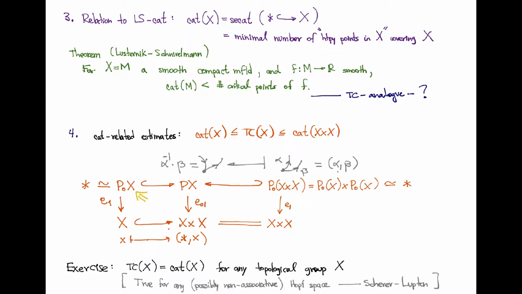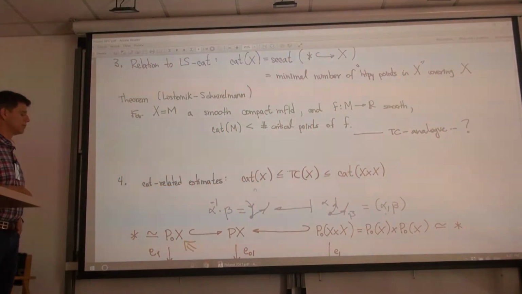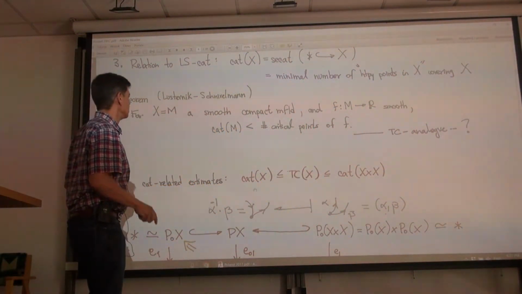And a basic result from the 30s, 40s, is that this is a really interesting invariant coming in other guises, and in particular it gives a lower bound: when X is a closed smooth manifold, the category of that manifold is a lower bound for the possible number of critical points of any smooth map defined on the space with real values.